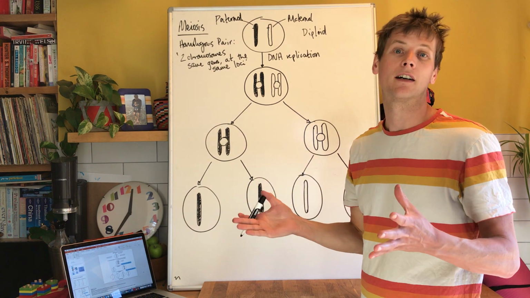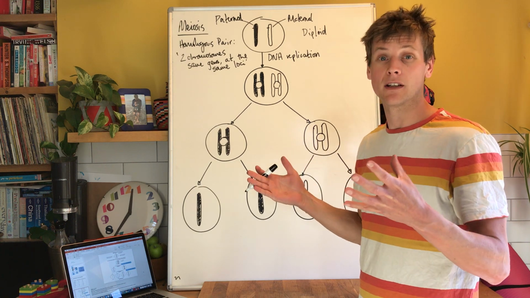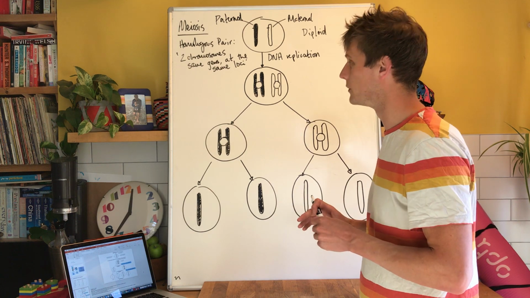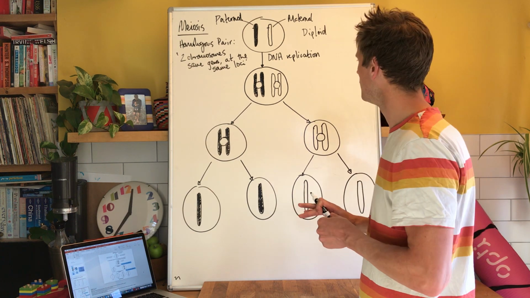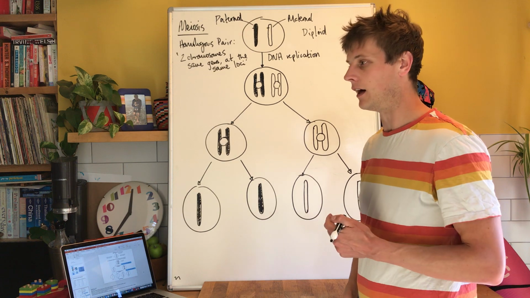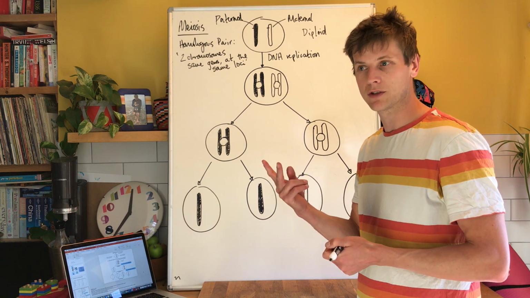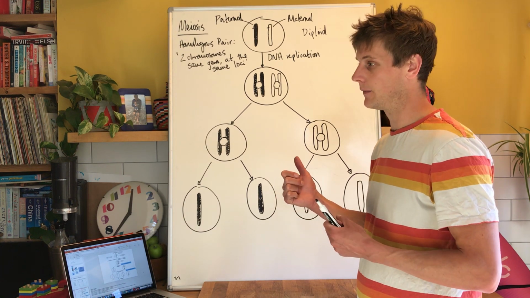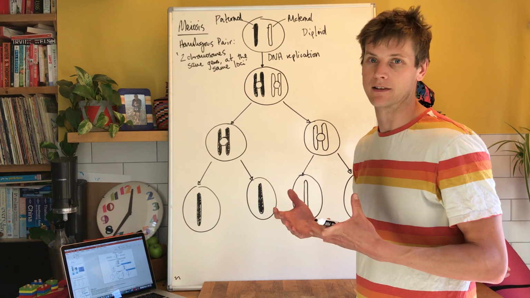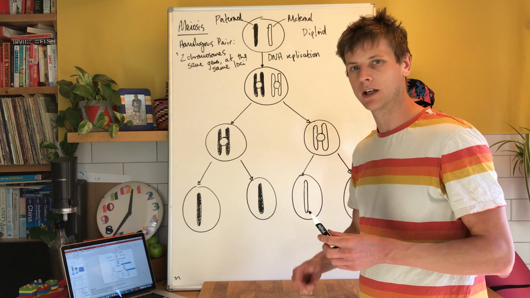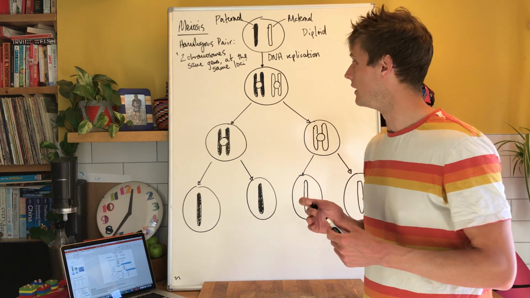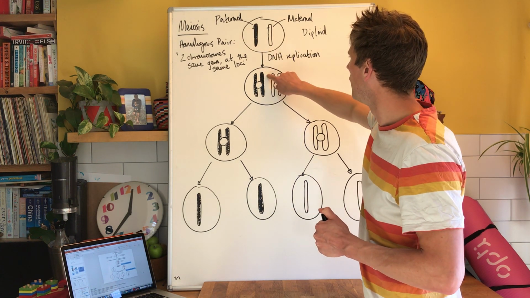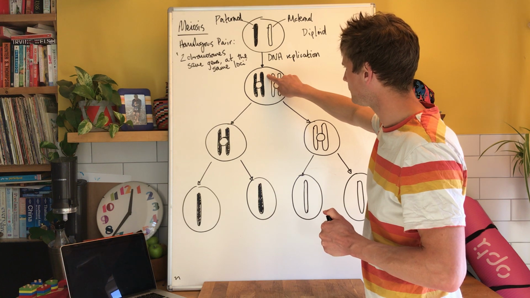Free DNA nucleotides line up opposite their complementary base pairs, and then DNA polymerase forms phosphodiester bonds between those nucleotides to form two new DNA molecules, which each contain one original template strand and one newly synthesized strand. Like I say, go back and have a look at the DNA replication video if you need to. So, between this cell and this cell, DNA replication has taken place.